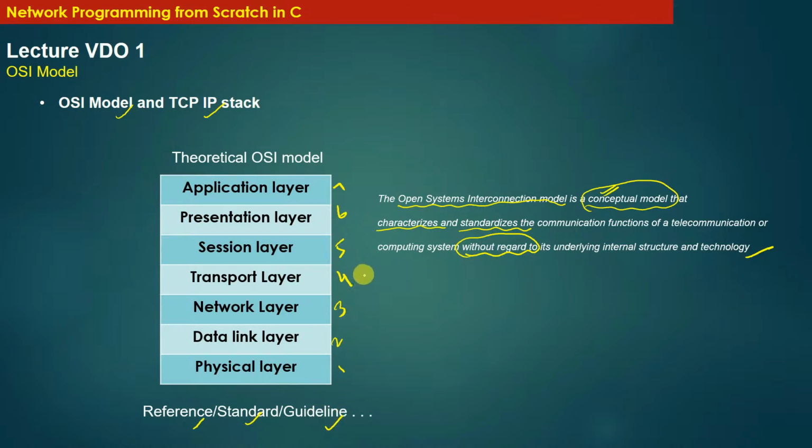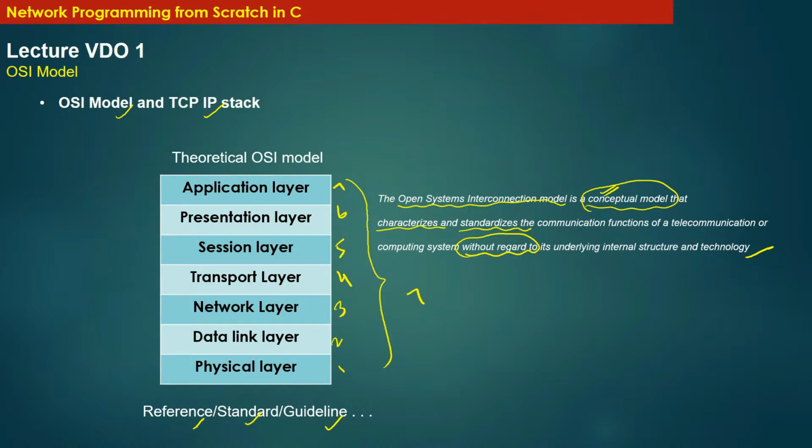The OSI model says that if you want to implement your networking subsystem, then it should be implemented by fragmenting the system into 7 independent layers. What are these 7 layers? The following are the 7 layers.